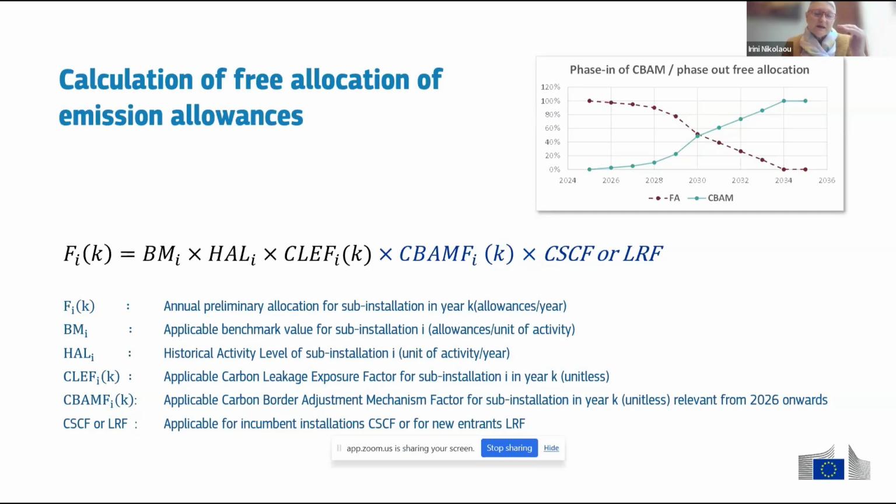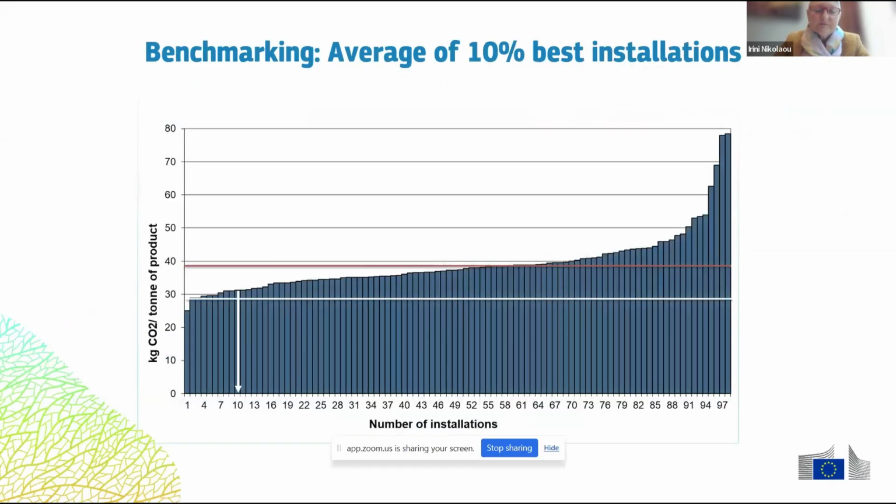In the beginning, 95% they receive free allocation. Our installations, 5% they have to contribute, like the importers who pay the carbon price at the border. So it is a very, very well addressed system, I think, to keep all the parties satisfied.